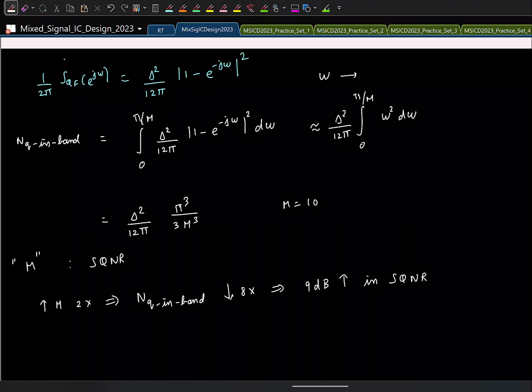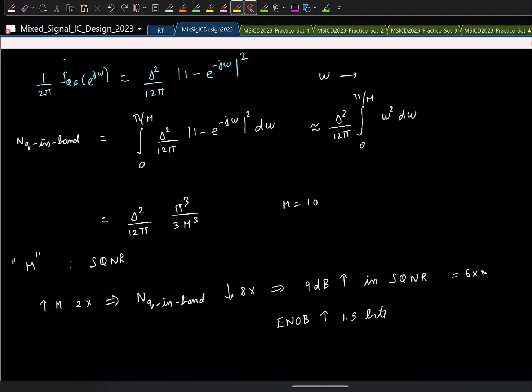If I am gaining SQNR of 9 dB, how many bits have I gained? Remember, SQNR is 6 dB times the number of bits. So how many bits have I gained? 1.5, right? It increases by 1.5 bits. So this gives a nice technique.